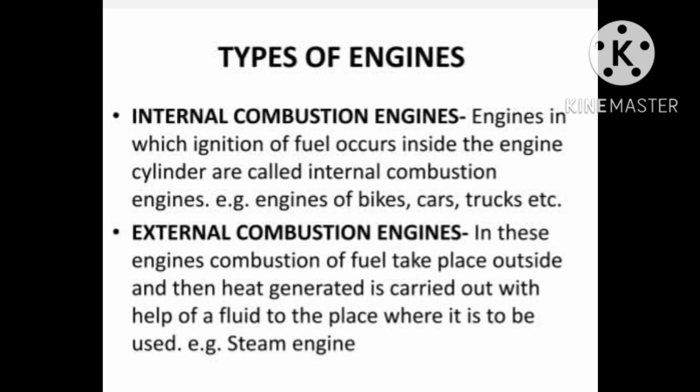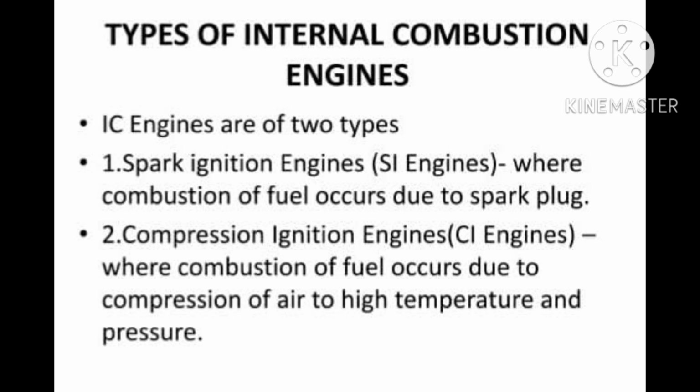Here we will discuss only internal combustion engines. Internal combustion engines are of two types. One is the SI engine, that is the spark ignition engine, and the other is the compression ignition engine or CI engine. In SI engines, combustion of fuel occurs due to the spark plug.